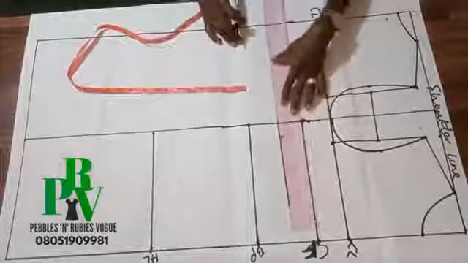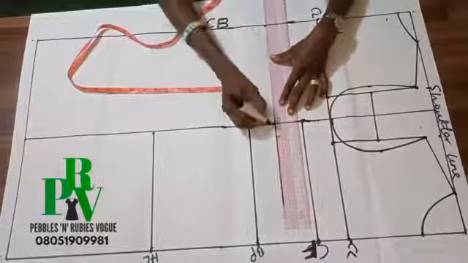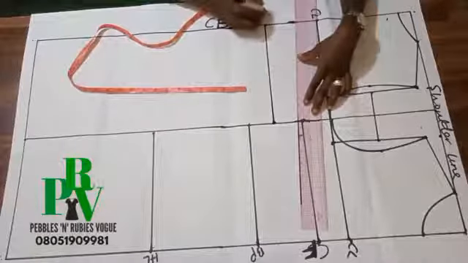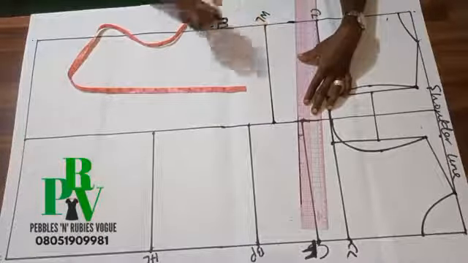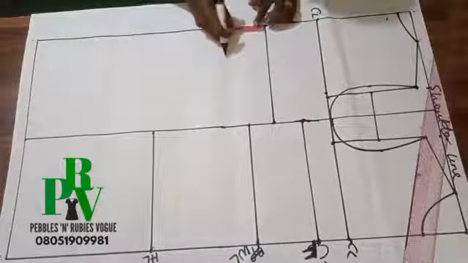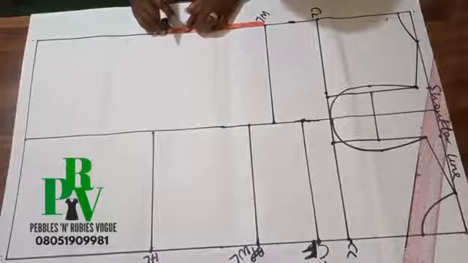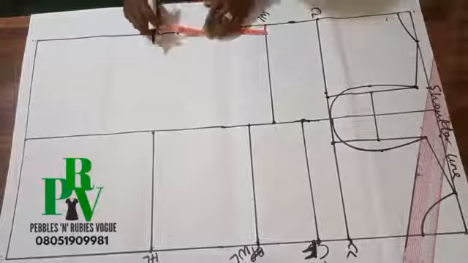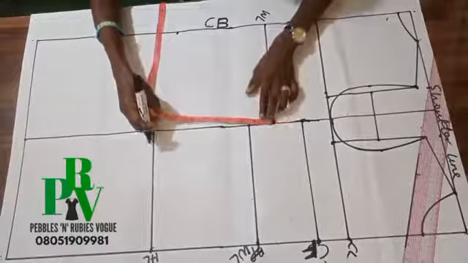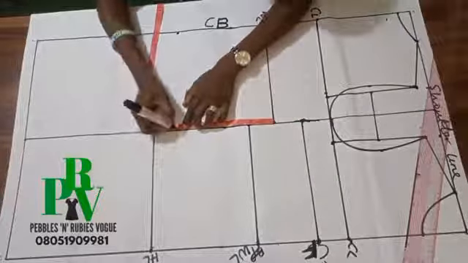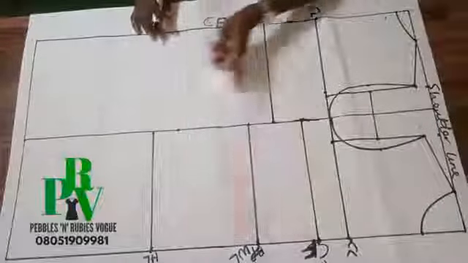And then I'll mark that horizontally, and this is my waistline here. From the waistline, remember it's 8 inch. Eight-inch distance, and then I'll mark that across as well.